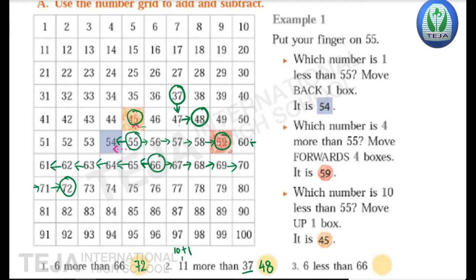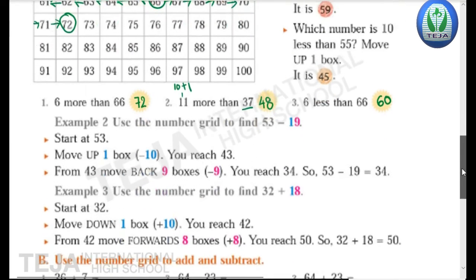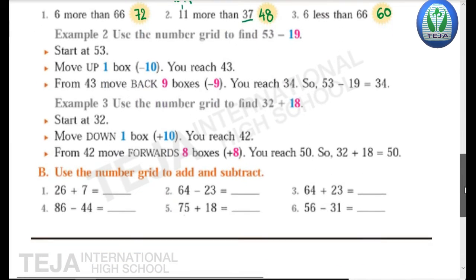So where we reached? If we move 6 boxes backward, we reached 60. So 6 less than 66 is how much? It's 60. Write 60 in the circle. Now next, bit B, children. Before solving bit B, we will discuss example 2 and 3.